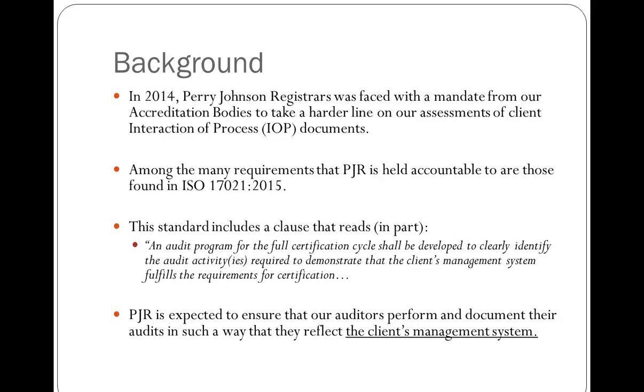So in essence, we have to show the accreditation bodies that we're not going about the audit process in a haphazard or unplanned methodology, that we have a program in place. We're going to carry this out over the full certification cycle, and most importantly, we're going to root that program in the client's management system. And that is where the interaction of processes document comes into play.